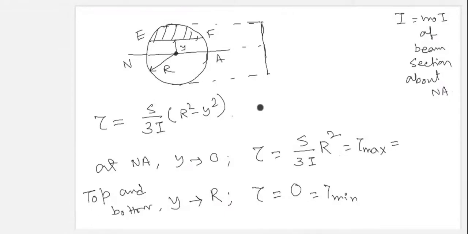What will be the I for this circular beam section? Pi R⁴ divided by 4.